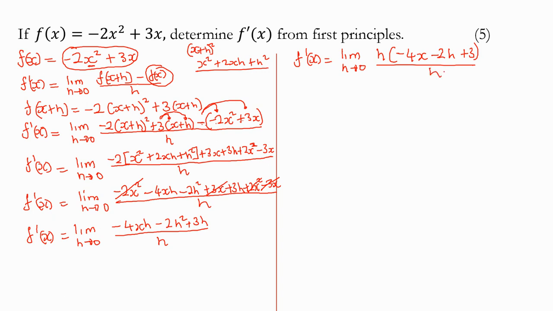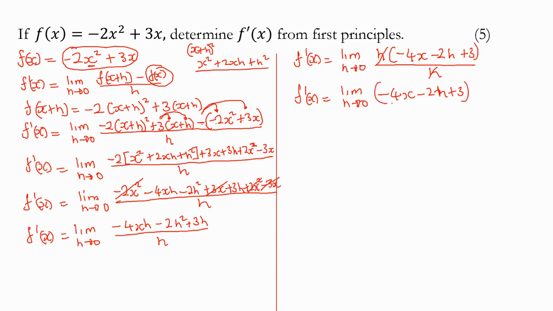Okay, and then here we say h divided by h is 1. So we remain with f prime x is equal to lim h approaching 0 of negative 4x minus 2h plus 3. Okay, that's what we're left with.